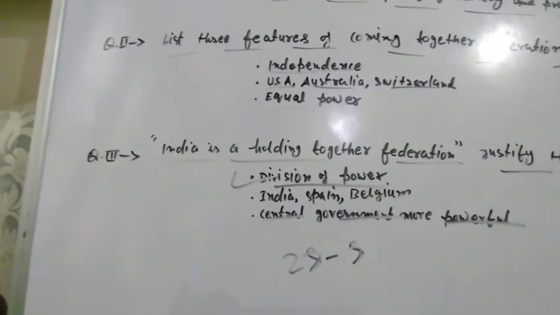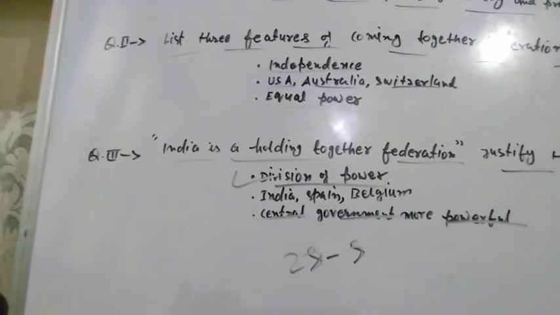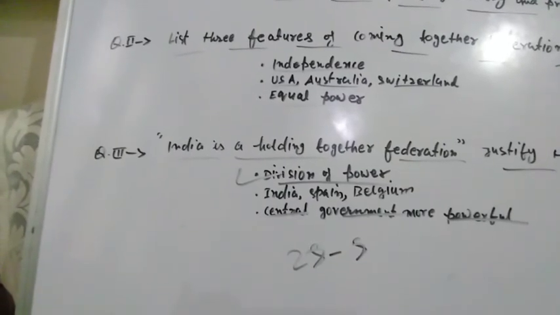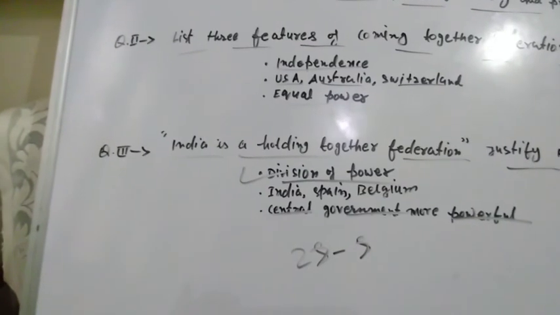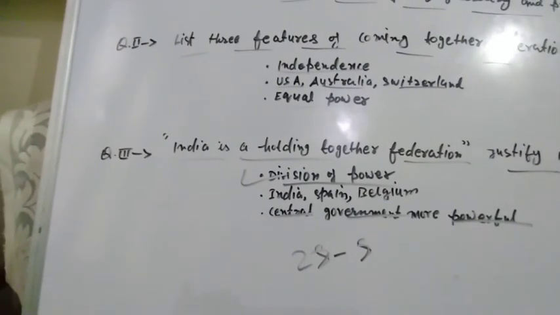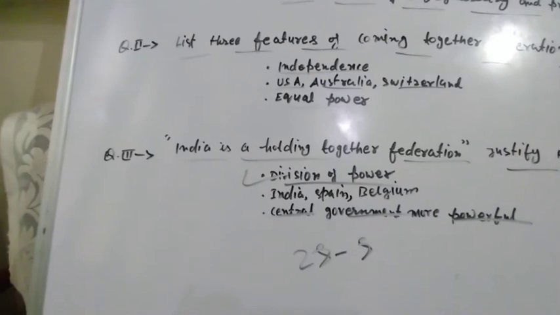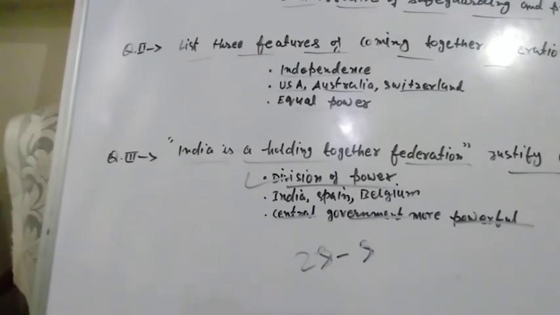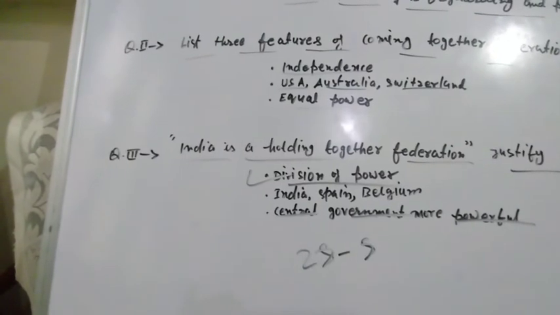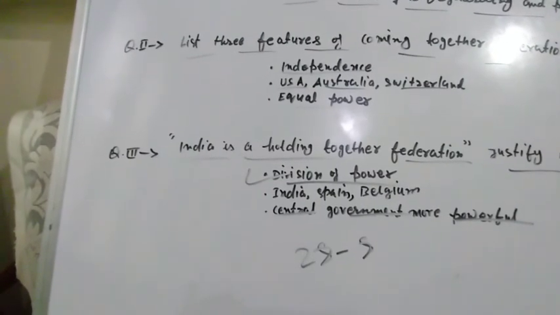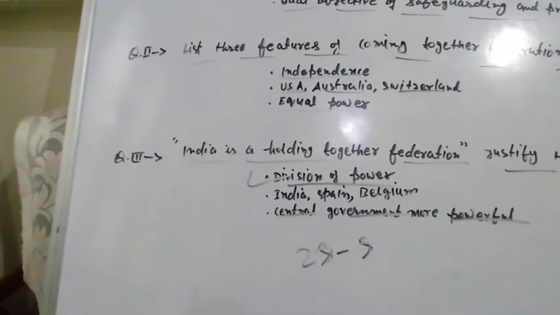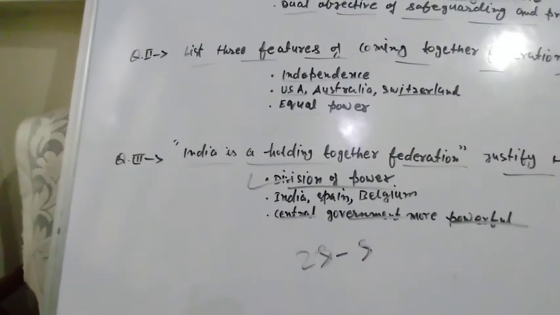But in countries which have coming together federation, the situation is very opposite. There all states have equal power, and no state has any kind of special powers like in holding together federation, for example Jammu and Kashmir, Manipur, Assam. These states have special privileges and special power, and that is only found in holding together federation.